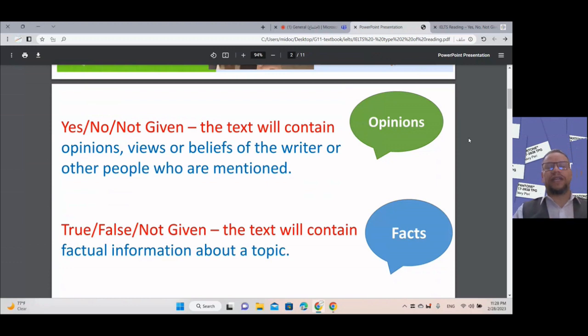You will find a lot of that as fact, real places, names. But for opinions, you will find adjectives more and more. We'll see that for yes, no, not given and true, false, not given. But again, in brief, yes, no, not given is for opinions, true, false, not given is for facts.